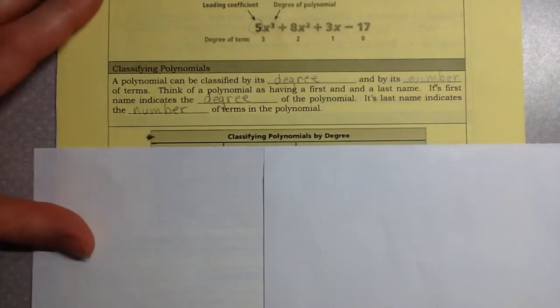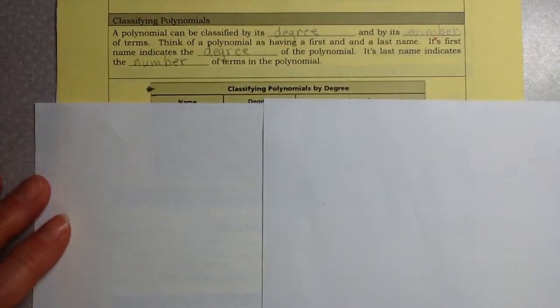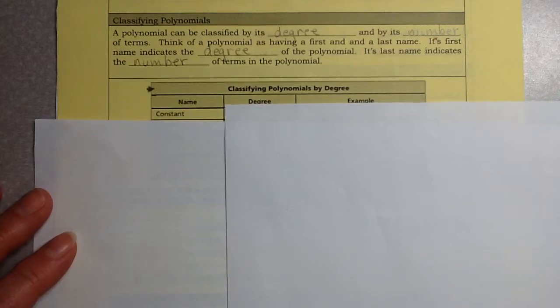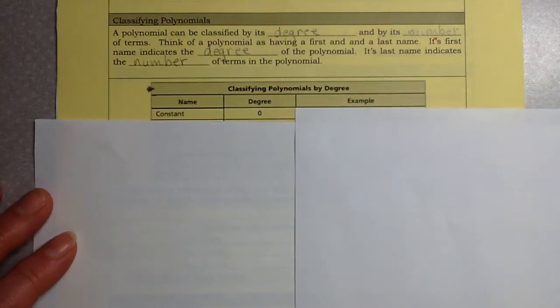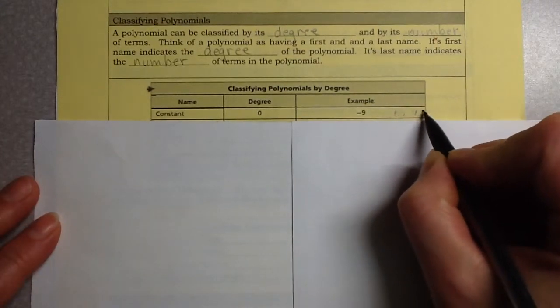So here's a table that you can use when you're classifying polynomials today, but you will need to memorize it. A constant has a degree of 0, so that means it does not have any variables in it. So we'll just write no variables here.